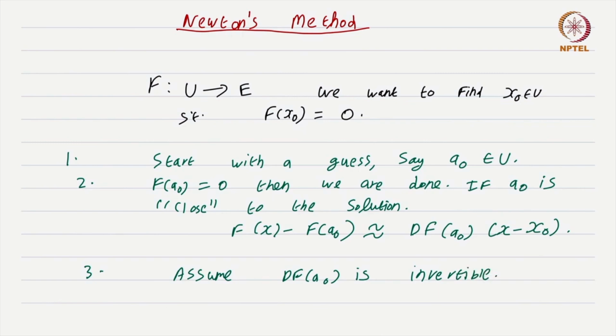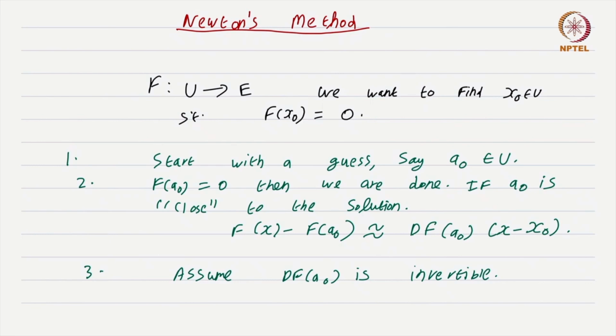Okay. Then what you can do is pull this trick of taking df at a naught to the other side and set f of x to be 0. Of course, x is supposed to be the place where the solution is happening.